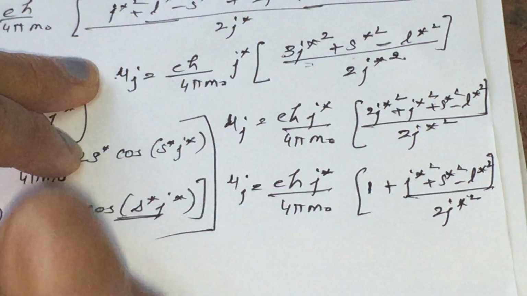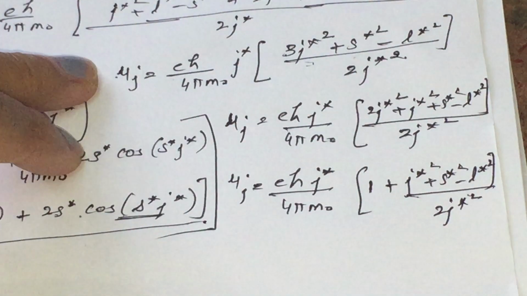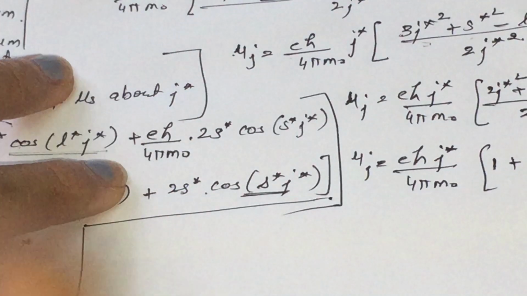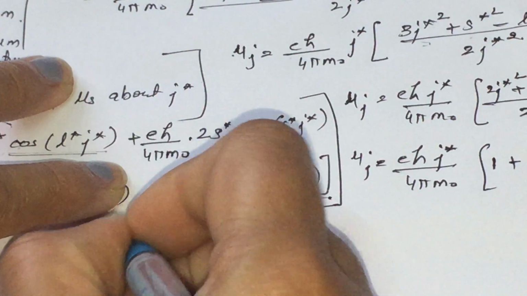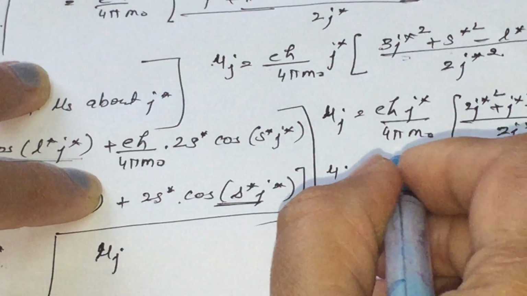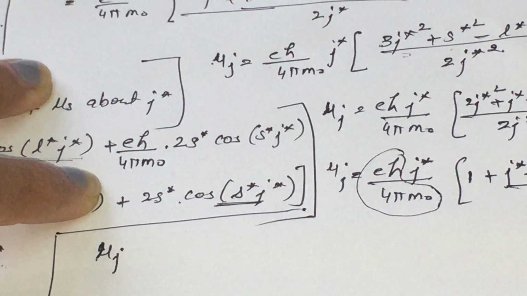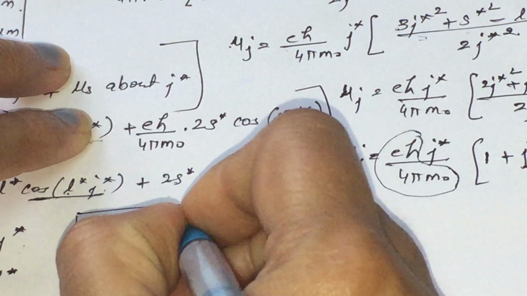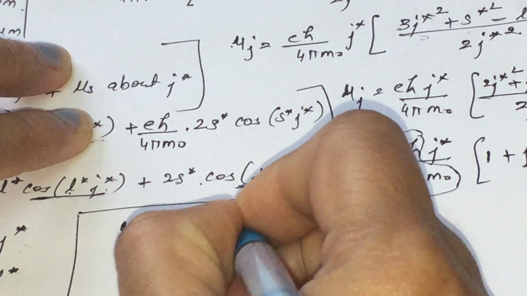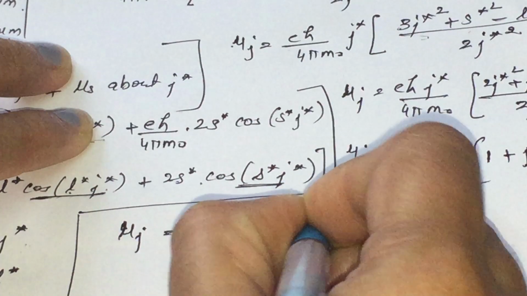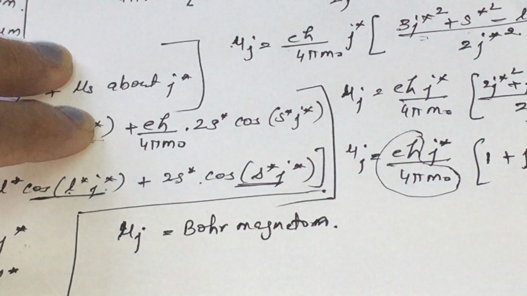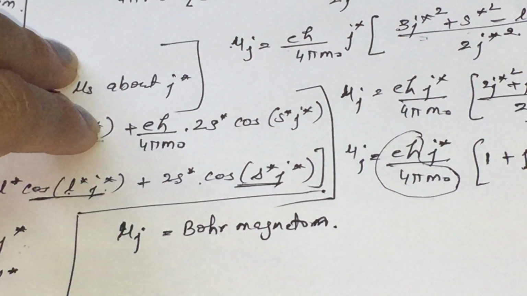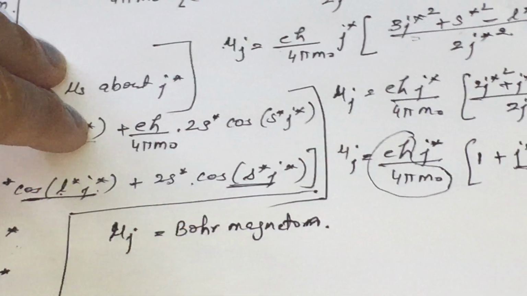Here we are again simplifying our equation, and we are taking it as eh upon 4 pi m naught. This is a familiar term to you, and this is nothing other than the value of Bohr magneton. Well, what is Bohr magneton? It is the magnetic momentum produced by a hydrogen atom.